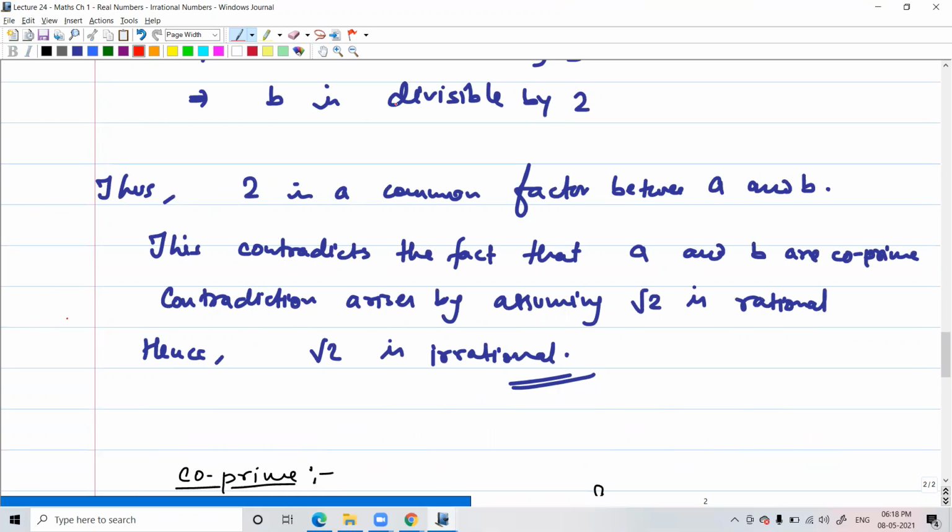So this is how you will write it. You will say that 2 is a common factor between A and B. This contradicts the fact that A and B are co-primes.